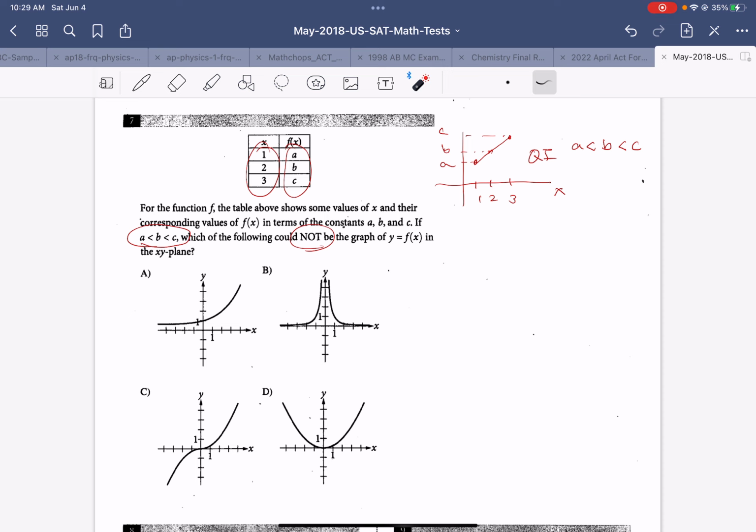So if you look at this one, it increases, this one also increases, and this one also increases, but not this one. So B cannot be the graph. So the answer has to be B. Okay, just a little sketch first based on the information given, and then you can eliminate answer choices.